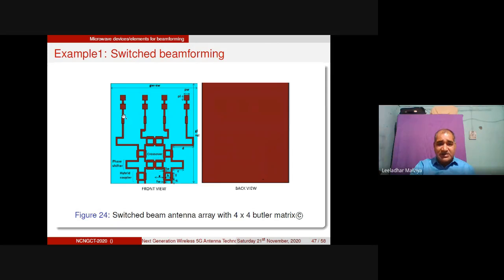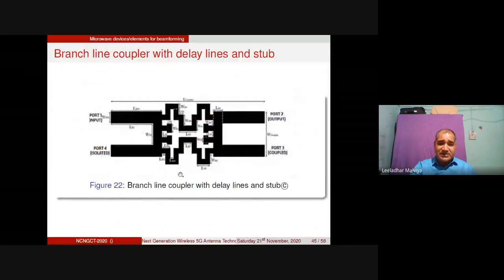If you want to increase the gain, more patches can be connected here. If you want to change the phase so that different directions can be covered, you have to adjust the value of the phase shifters here. You can use the delay lines on this part, because the phase shifter is nothing but a part of the delay line, using folding like this structure here.